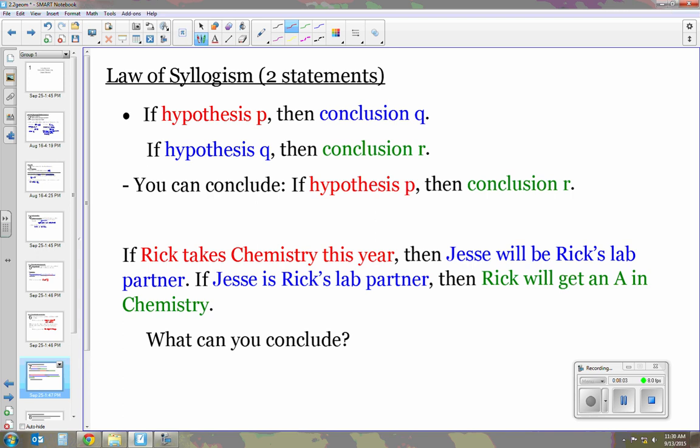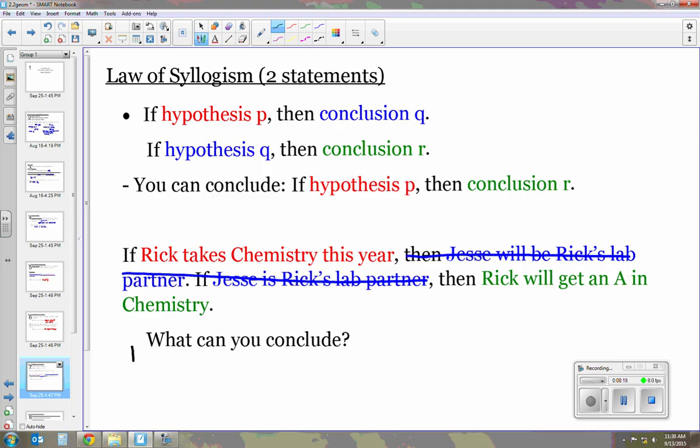What can we conclude? Well, if we notice, Jesse will be Rick's lab partner has been repeated. So we can omit that piece and rewrite our new statement using the leftover material.